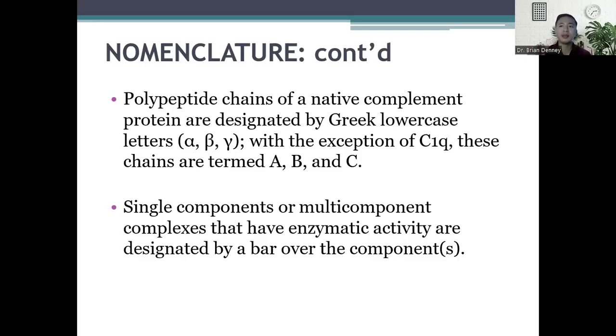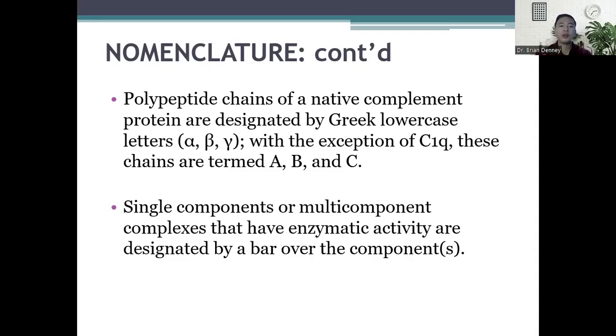In your biology, anatomy, physiology class, when you break down proteins, you form peptides. When you break down peptides, you form amino acids. So proteins are made up of many peptides. That's why we term them polypeptide chains. The polypeptide chains that make up a certain complement protein are termed alpha, beta, and gamma, except for C1q. We term these polypeptides A, B, and C.